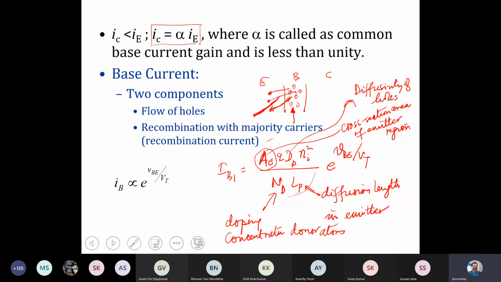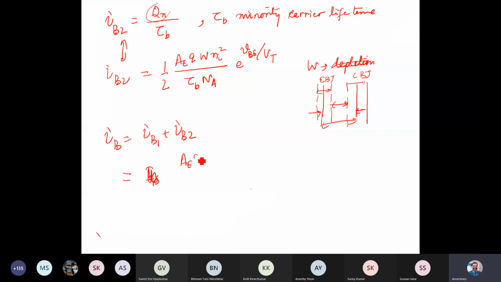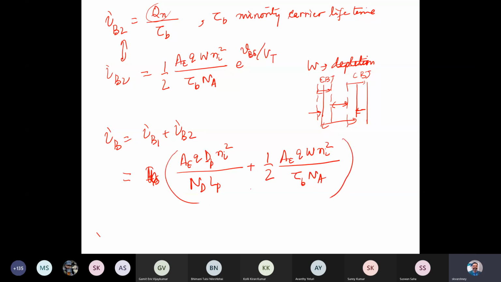So IB1 is AE Q DP ni square divided by ND LP, plus half of AE Q W ni square divided by tau B, times exponential VB over VT.